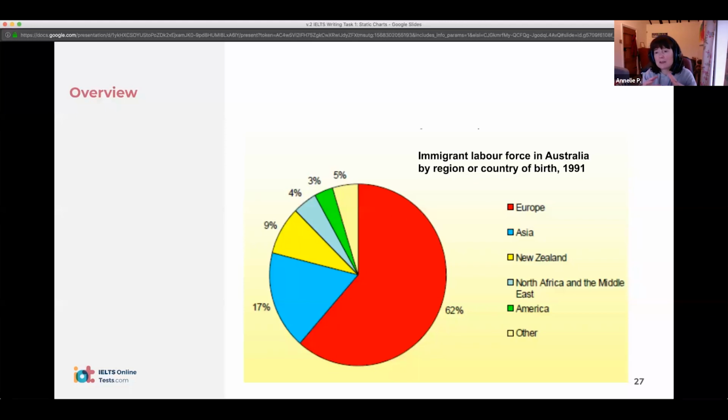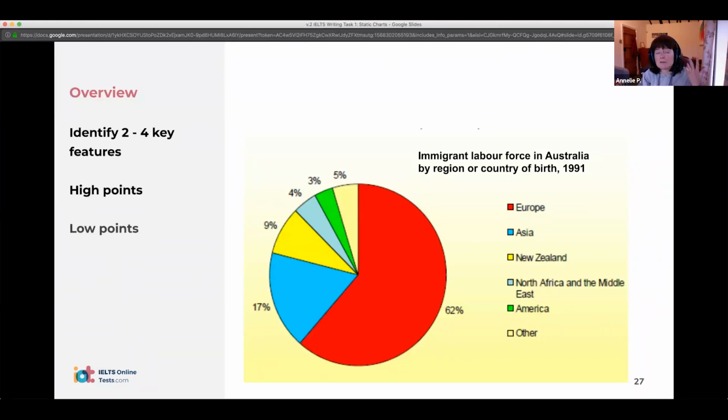Okay, so remember that that's really important. There's a very clear separation of overall trends and details and specifics. If they seem a little bit mixed up in any way, you're definitely going to be under a 7 for task achievement. So be very careful about that.